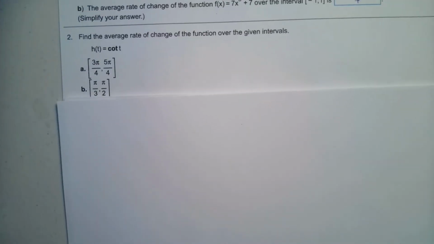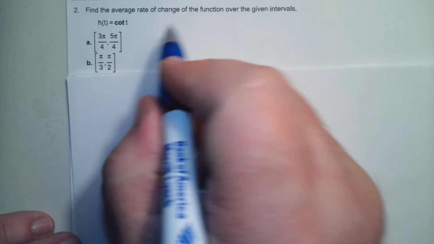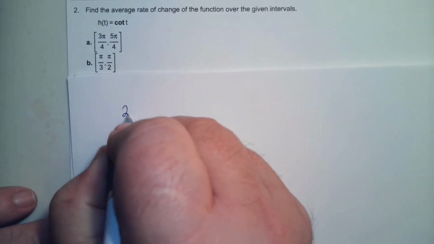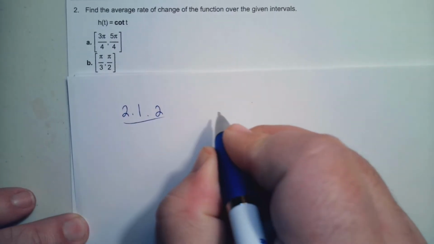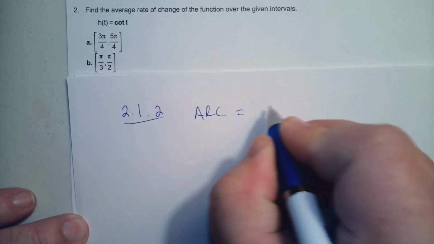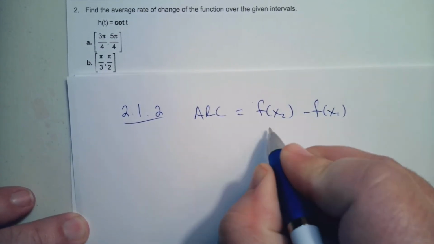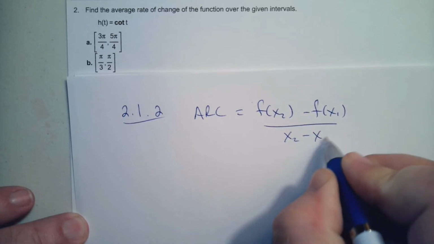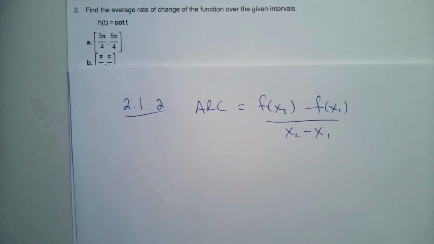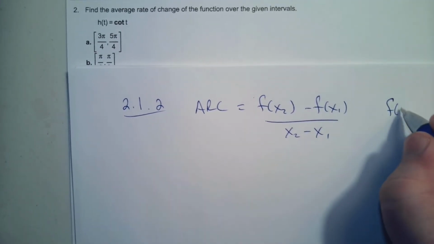Okay, now the second one, question number 2, is asking, find the average rate of change. The average rate of change, remember, is f of x2 minus f of x1 over x2 minus x1.